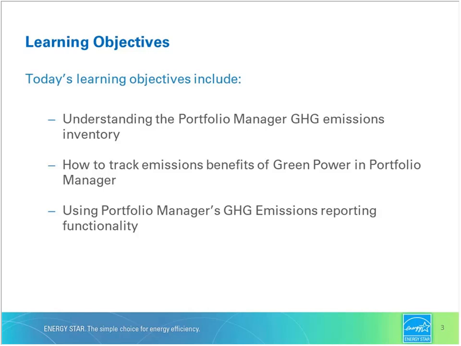The goal here is to give you the necessary resources and track your building's GHG emissions using Portfolio Manager. And so we will, over the next 45, 50 minutes, walk through these three learning objectives together, and then we'll have some time at the end for question and answer.